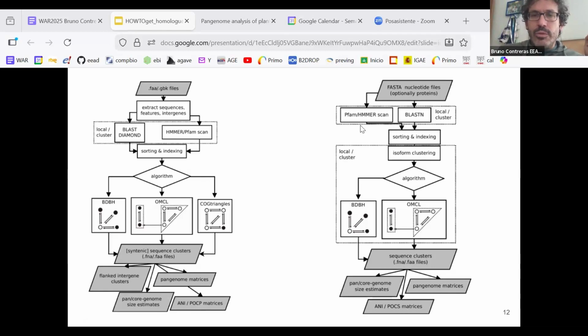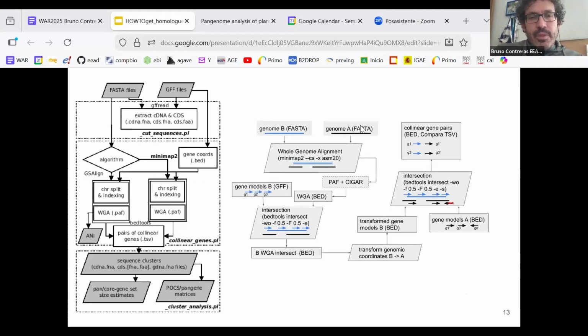Okay, I'm going to move to the next slide. Get pangenes is a slightly different approach. In this case, there are three main steps. I'm not going to explain it in a lot of detail. The take-home message here is that the kind of output that you get is virtually the same as we had earlier, although the computation is completely different.